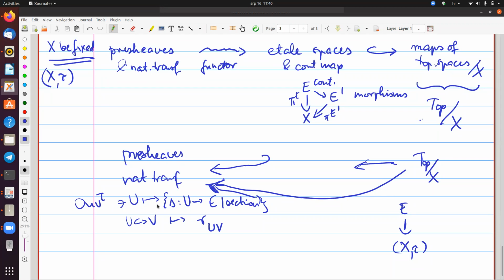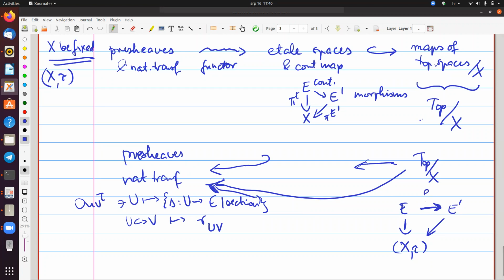And then if you take two different spaces, E and E prime over X, then you have to look.